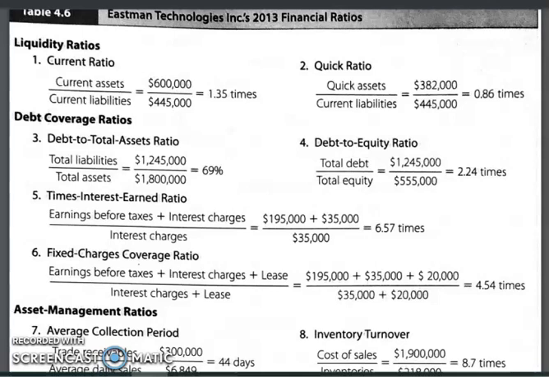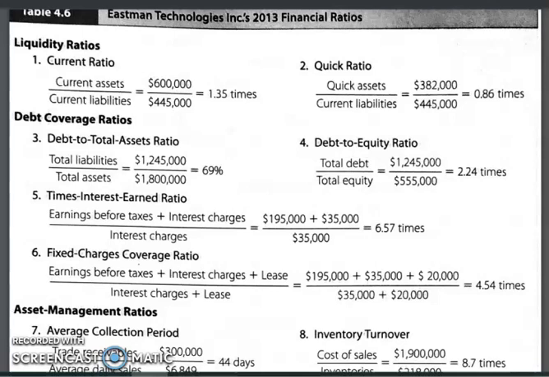But if we look at the quick ratio now, which is our quick assets, or our current assets minus inventory, because inventory takes so much longer to convert to cash, divided by our current liabilities, we can't even pay off all of our current liabilities. It's only 0.86 times, or not even once.